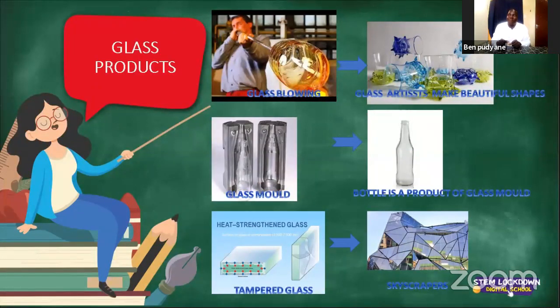And this glass is used to make high-rise buildings. It's also used to make high security vehicles. That glass is heated many times until it is very strong and it cannot be broken. So as you can see that building, they use that type of glass. Those are the glass products. There are many more glass products.